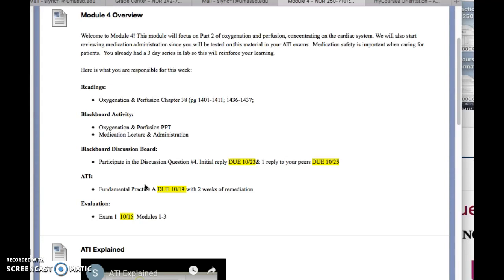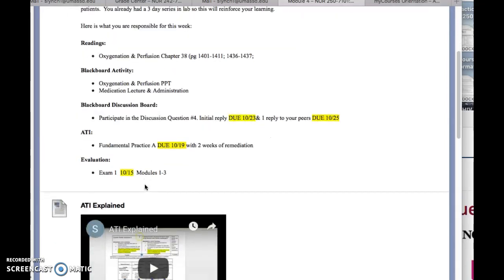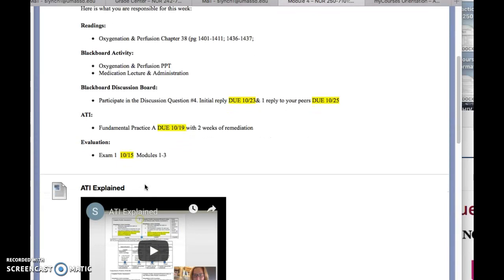Fluids, electrolytes, and acid-base: the treatment and diagnosis of those. And focusing back on electrolytes, the signs and symptoms associated with electrolyte abnormalities.